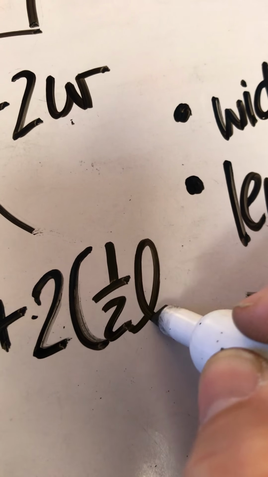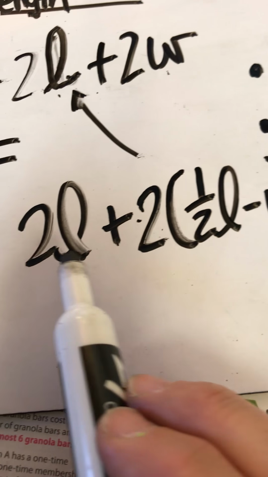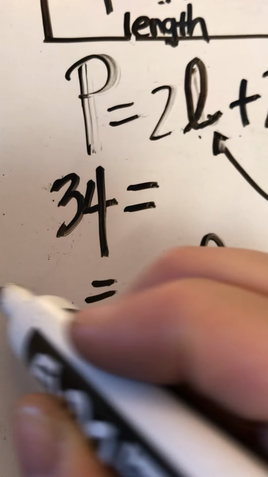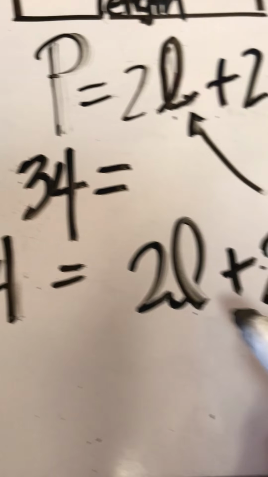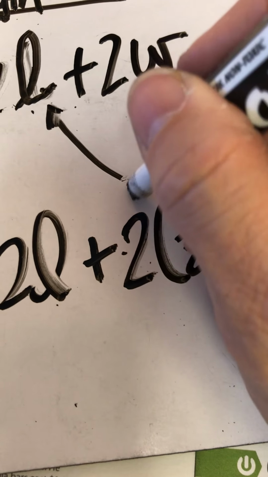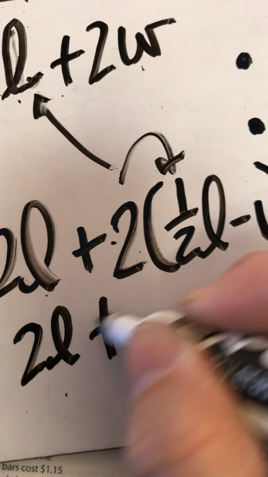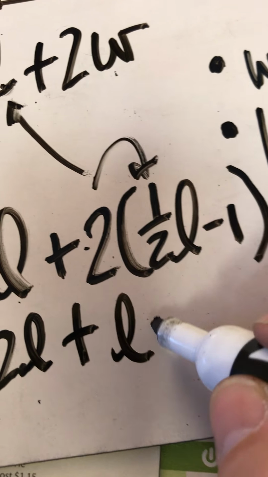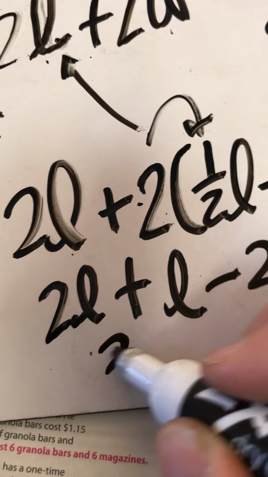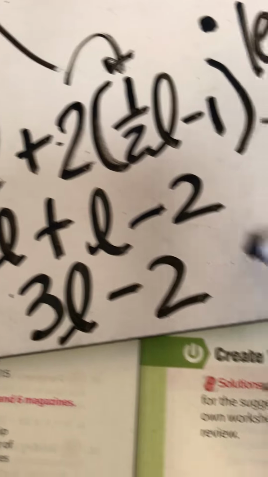Now we have the right side of our equation all with L. We still have 34 over here. Let's combine our like terms. We have 2L. We have 2 times 1/2 L, I have to use the distributive property again. So this is 2L plus L minus 2. This is 3L minus 2. And don't forget that equals 34.